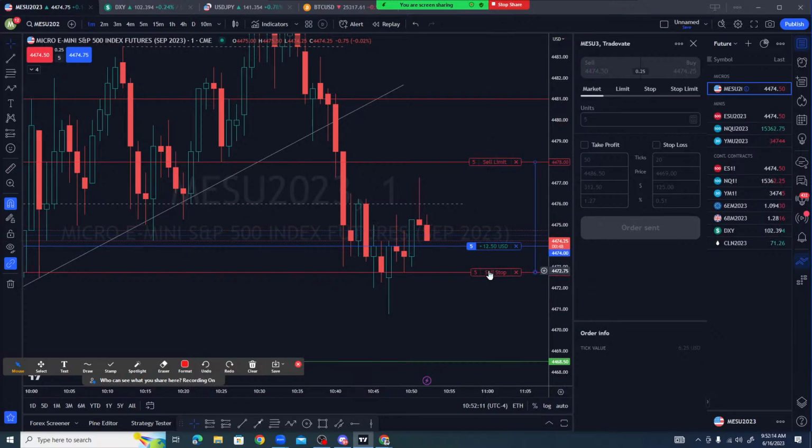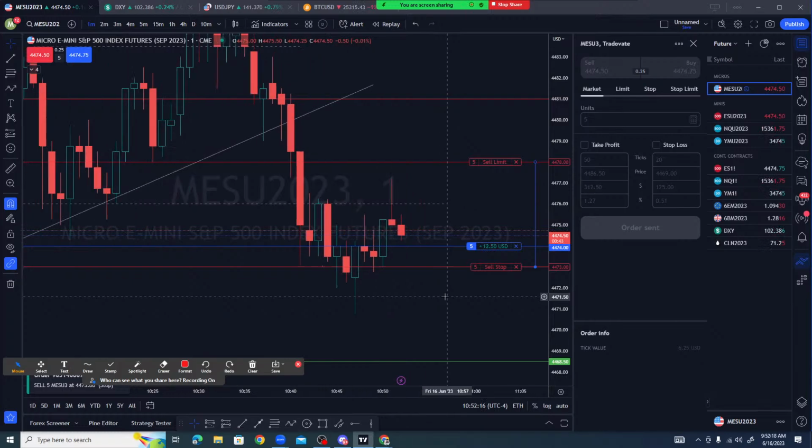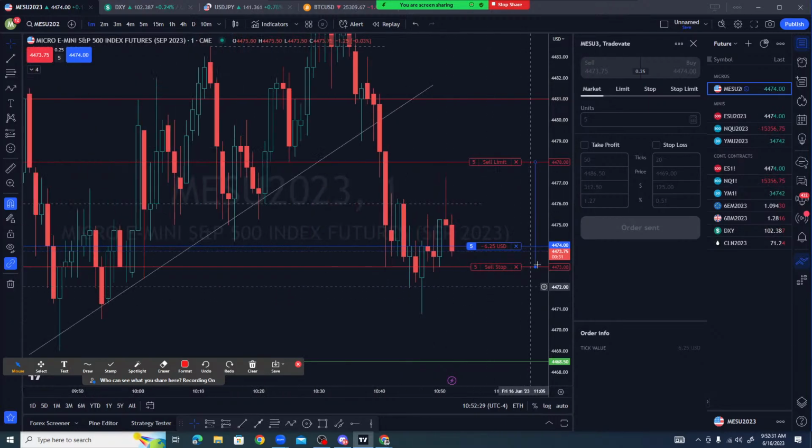This is only going to be a 1 point loss. So 1 point loss is only going to be about $30. $25. Yeah, that sucks. That rejection candle right there is not what you wanted to see on that move.